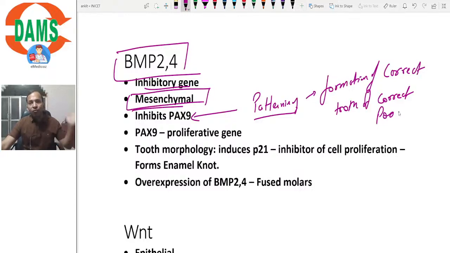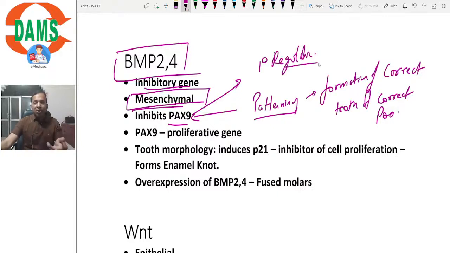If a molar is formed, it should form in the posterior region, right? Canine should form behind the incisors. Premolar should form between canine and molars. So that is patterning, formation of the correct tooth at the correct location, right? So PAX9 is the primary regulator of patterning. It is the primary regulator, and also this is a proliferative gene.